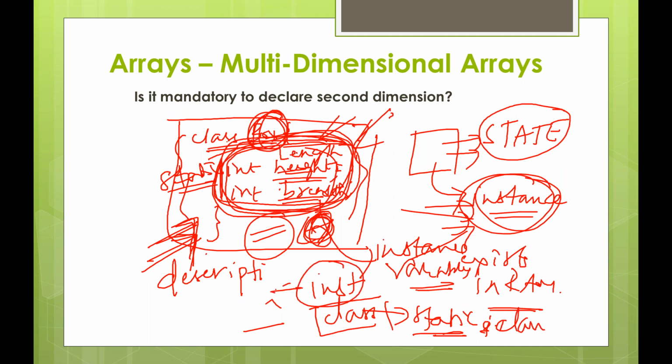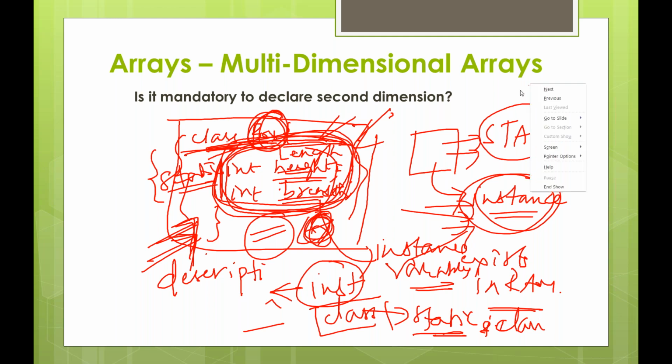Without static, that is your instance variable that you declare immediately after your class. Static means it will have the same value for all the instances, but each instance will have its own instance variable, and you can have different values for each instance. We will see all these things very clearly.